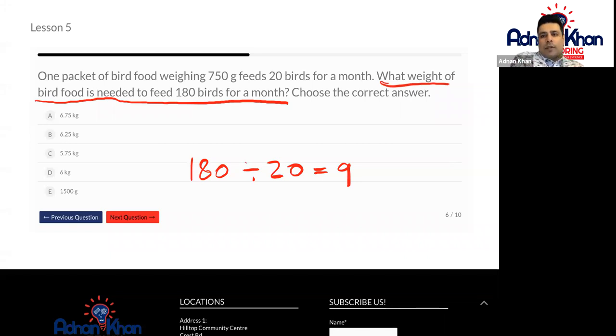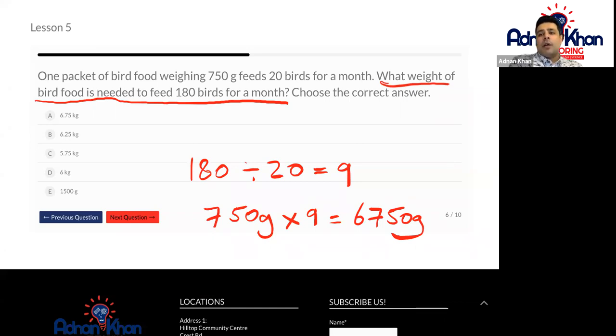And then we can do 750 grams multiplied by 9, which gives us 6,750 grams.